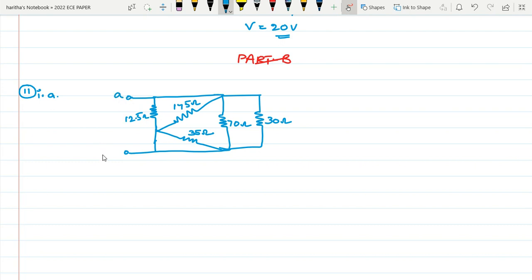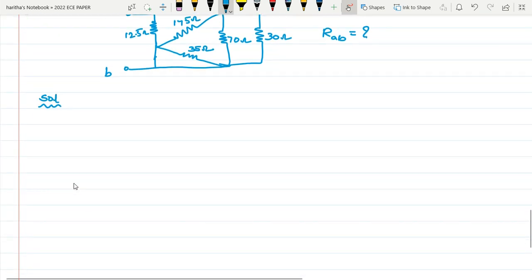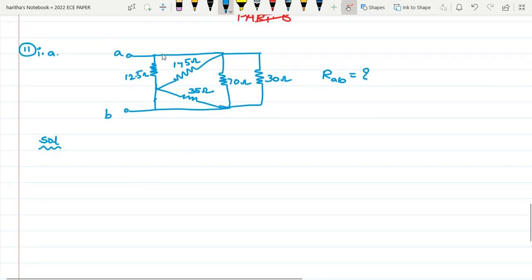So these are the terminals A and B. So you have to find out the resistance between A and B terminals. Between A and B terminals means from the opposite side of the terminals, you have to reduce the network.